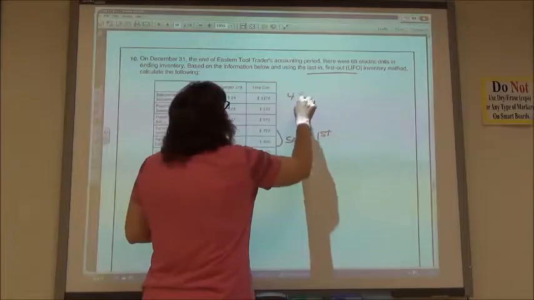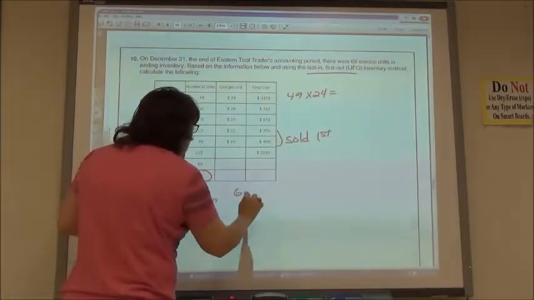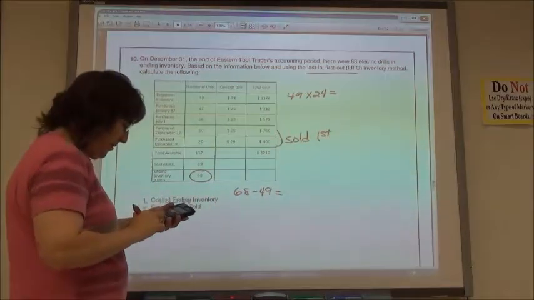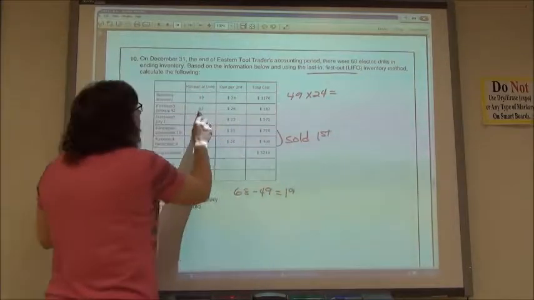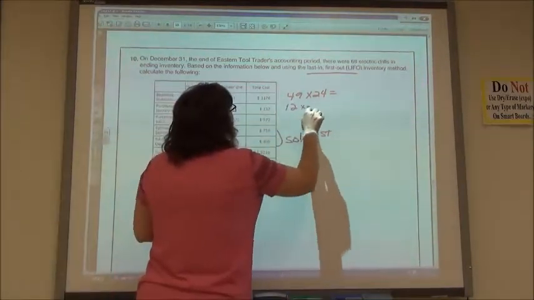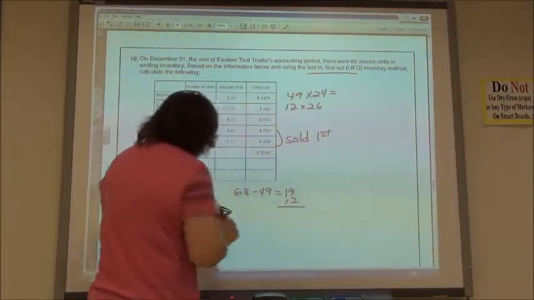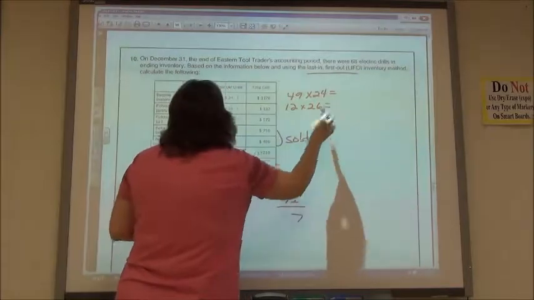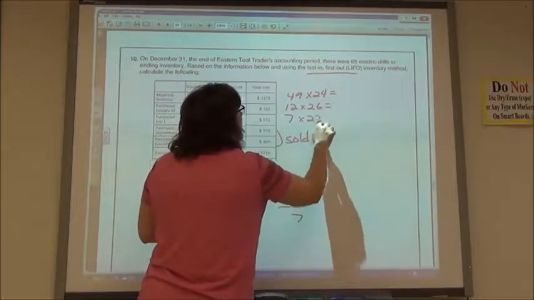I have all 49 of them from my first purchase. So 68 minus 49 is 19. I have 12 that cost me $26. 19 minus 12 means I have 7 left. So I only have 7 of these, 7 that cost me 22.